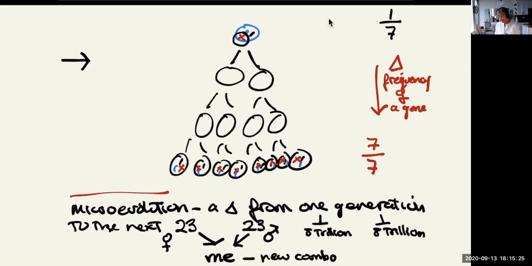The probability of these two combining, that particular egg and that particular sperm, we have to multiply those probabilities together, and the probability is 1 in 64 trillion. That is the probability of you being who you are, of you having that particular set of chromosomes.